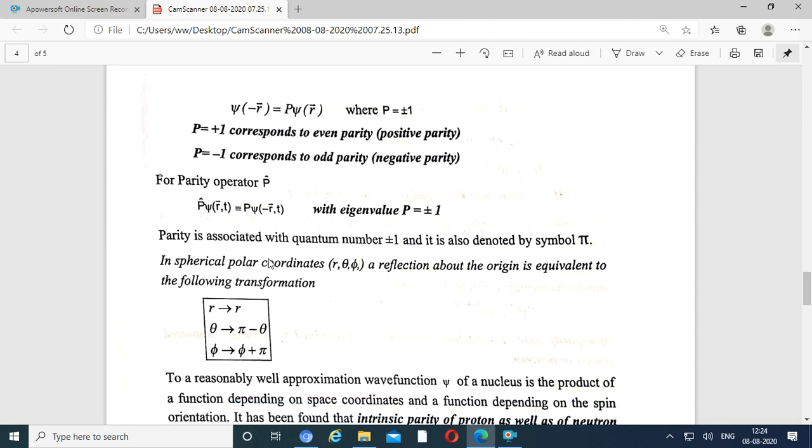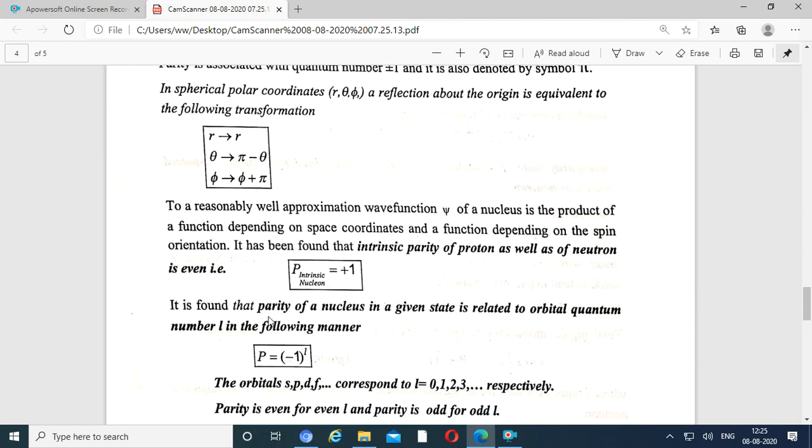So parity is associated with the quantum number plus or minus 1, and it is also denoted by the symbol pi. In spherical polar coordinates, your coordinates are r, theta and phi, and a reflection about the origin is equivalent to the following transformations: r is replaced by r, theta is replaced by pi minus theta, and phi is replaced by phi plus pi.